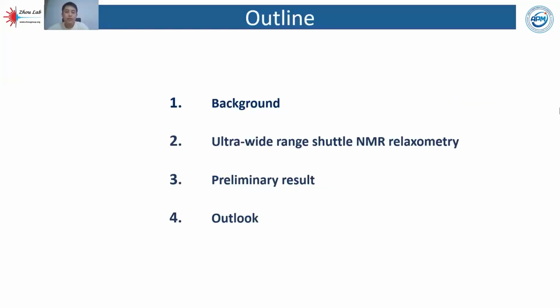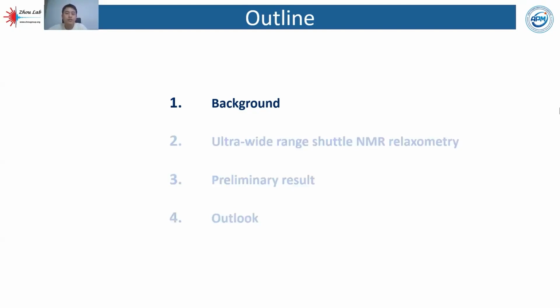This talk will have four parts. First, I will describe the background of relaxometry, and then I will introduce our ultra-wide range shuttle NMR relaxometry, followed by our preliminary results using water and the contrast agent, and finally our outlook.